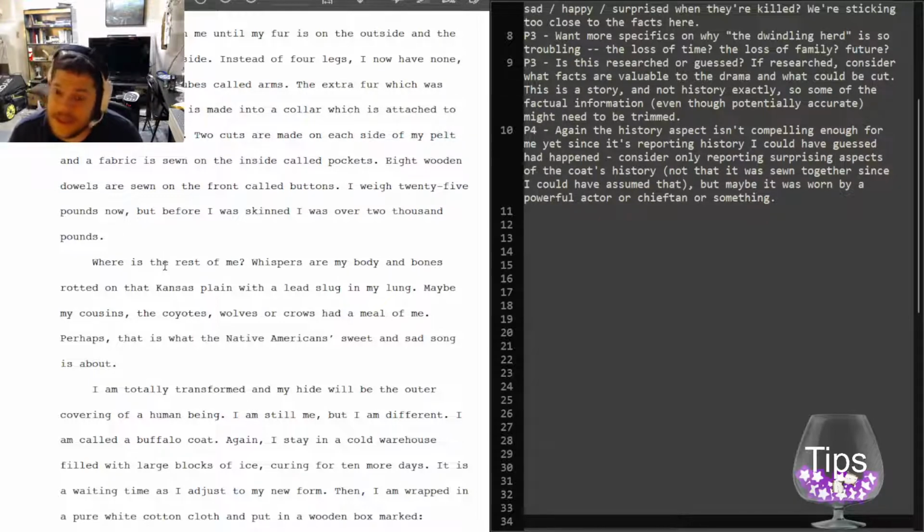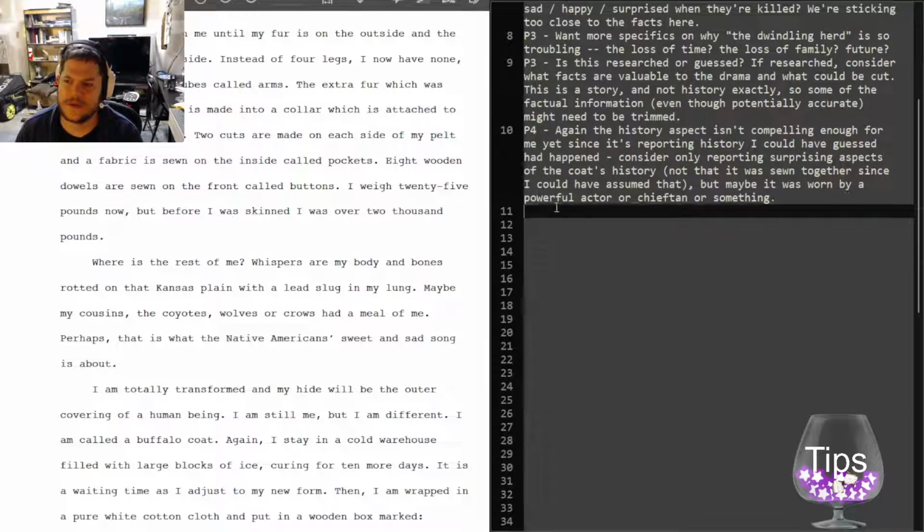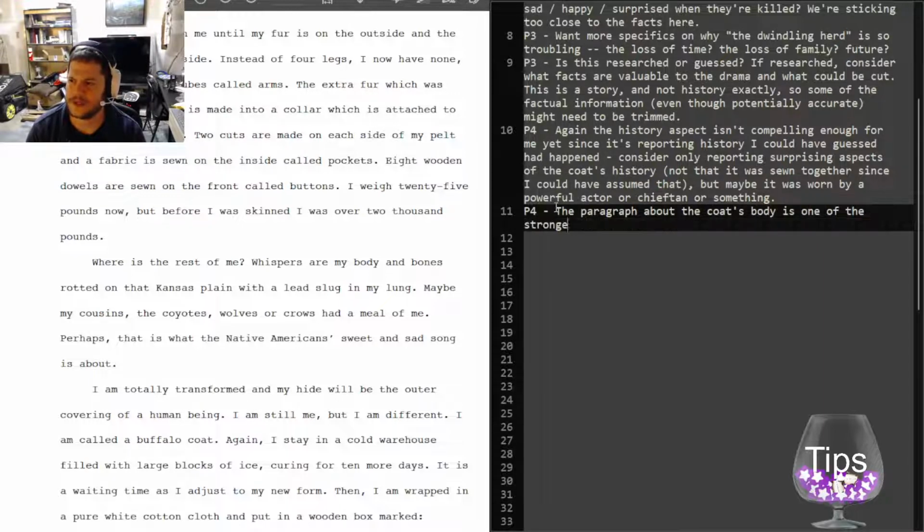This is one of the better paragraphs, right? Because we're getting into its thoughts. The paragraph about the coat's body is one of the strongest.